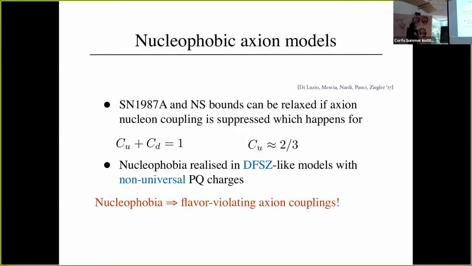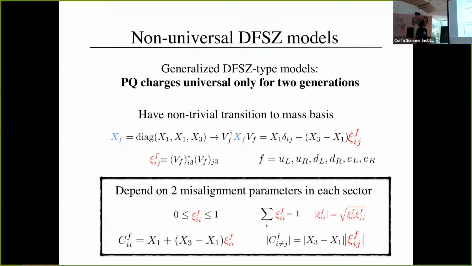But it was shown here that both conditions can be simultaneously realized in generalized DFSZ models, where the PQ charges of standard model fermions are not universal. And this also automatically leads to the appearance of flavor-violating axion couplings, which are important for phenomenology.